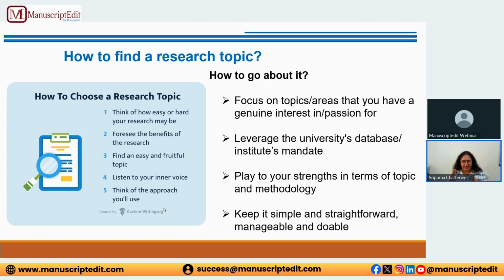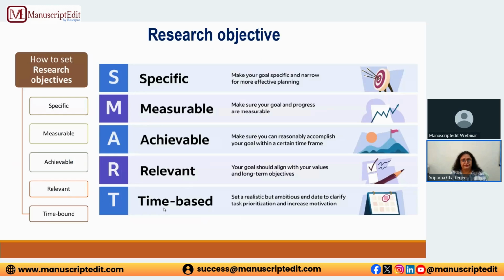It should be manageable and of course doable. You cannot propose something that is not at all achievable, so fancy that you can't do it in practice. So you have to be very practical. That is very important to find a research topic.